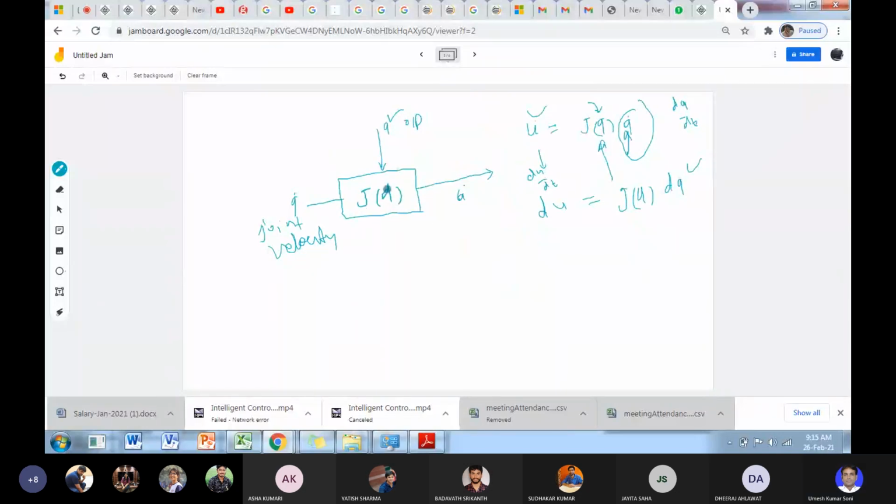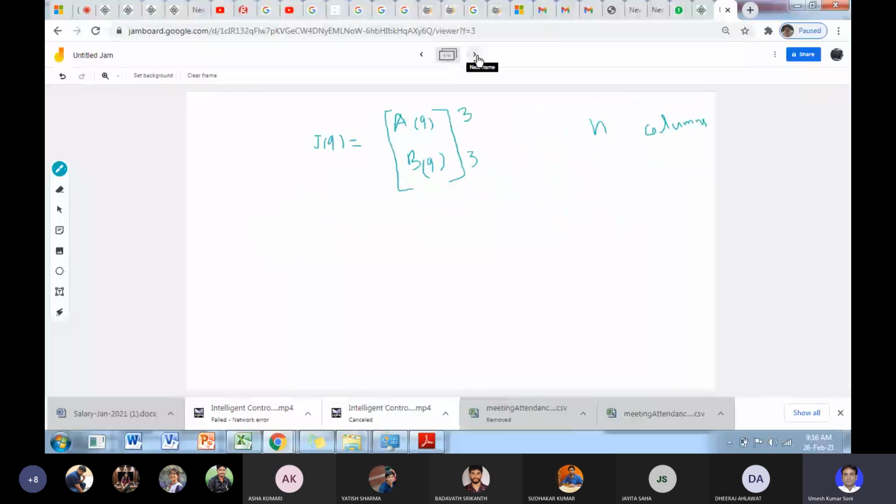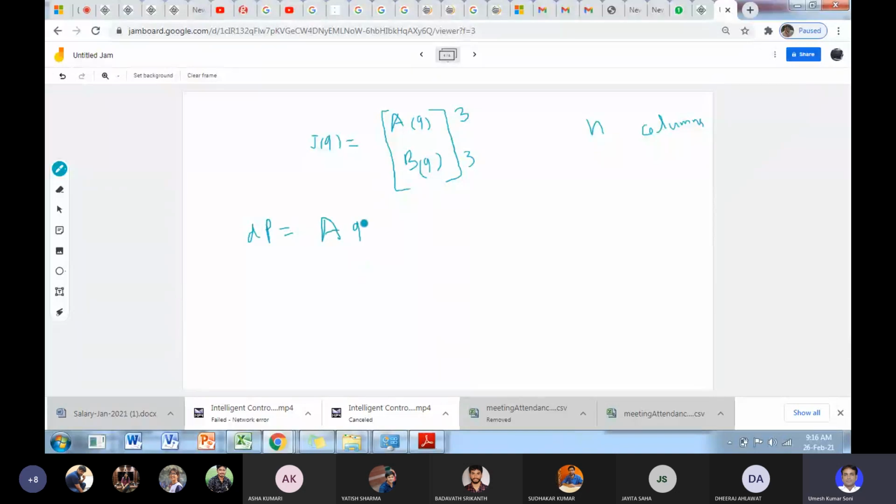What we get next is that dp equals A(q) dq, and d phi equals B(q) dq. Is it clear?